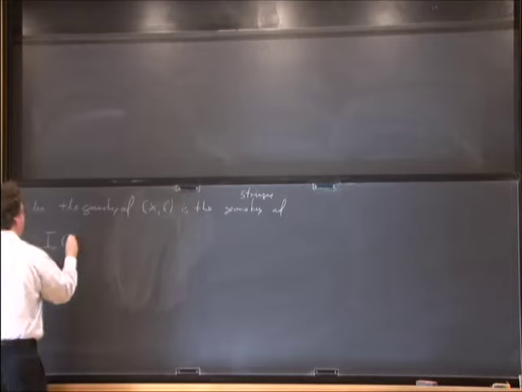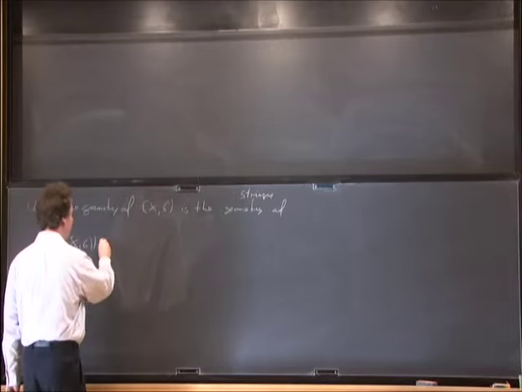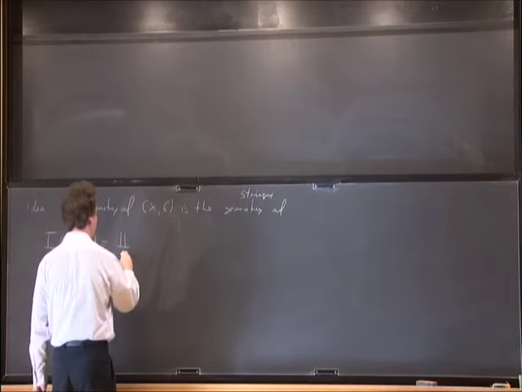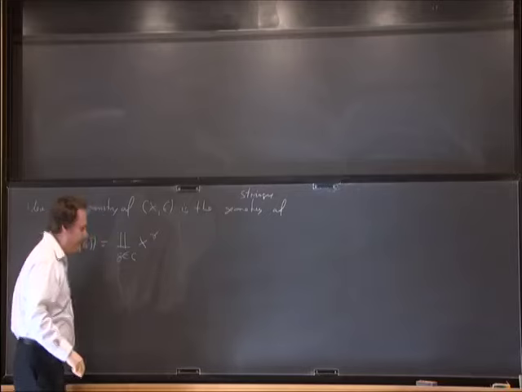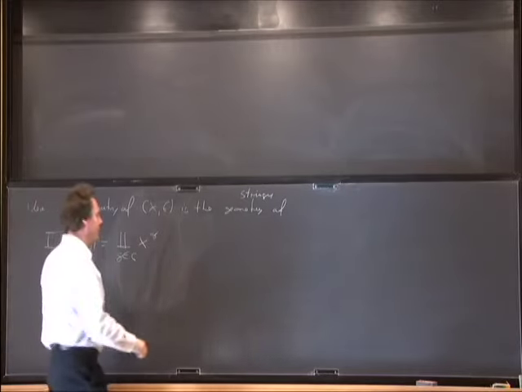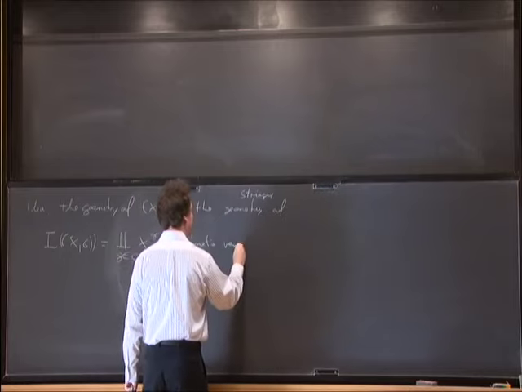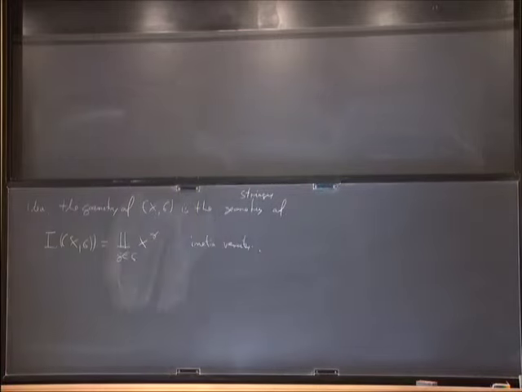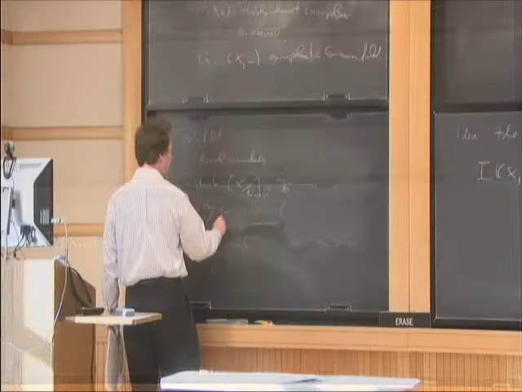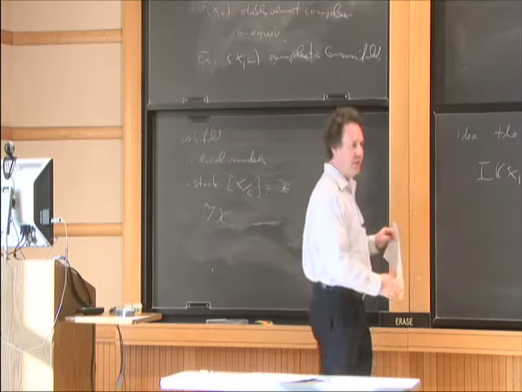Let me write it as I(X, G), the inertia variety, which is just the disjoint union over all elements g in the group of the fixed point sets X^g. Usually we call this the inertia variety. If you were in stack land, you could produce the inertia stack here. If X is suitably nice, say a linear quotient, you could look at the inertia stack there, but that's a huge gadget. This is much smaller.